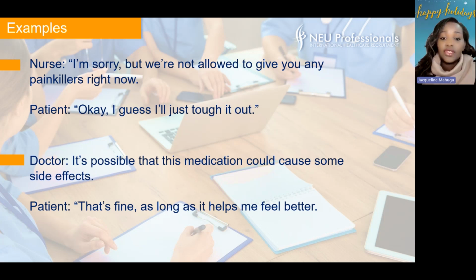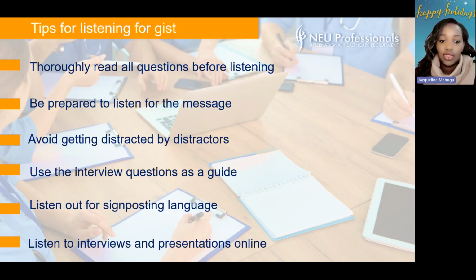Now, next we have gist, another necessary skill that you need, listening for gist. So what is gist? Gist is the main idea of what you're listening for. So once they say a whole paragraph, what exactly is the main idea that is being conveyed in everything that they said?